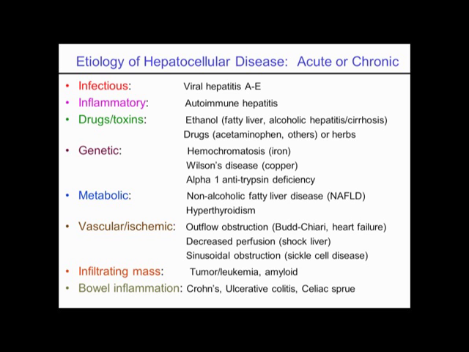Sickle cell was probably one of the first there. There are hepatic crises in sickle cell. Now, that's patchy because it's whatever sinusoids got blocked, and so you may still have a lot of liver cells that are doing fine. You can have infiltrating processes, things that move to the liver and grow, and they more push things aside. So tumors, amyloidosis, and granulomas.